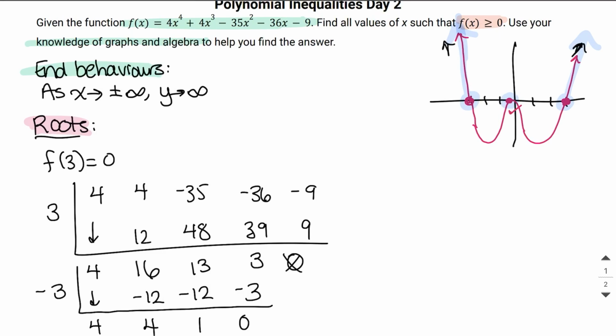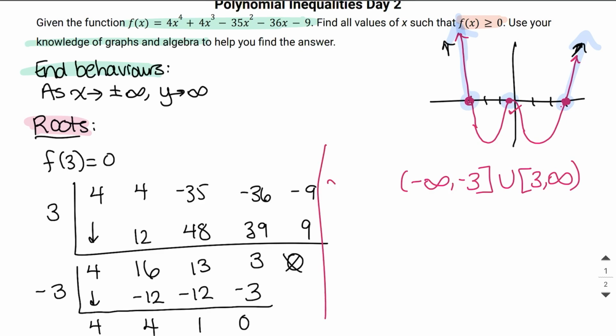So what does that mean my solution is going to be? Well, it would be everything from -infinity to -3, including that -3, and from 3 to infinity, including that 3, but also right here, x could also be -1/2.